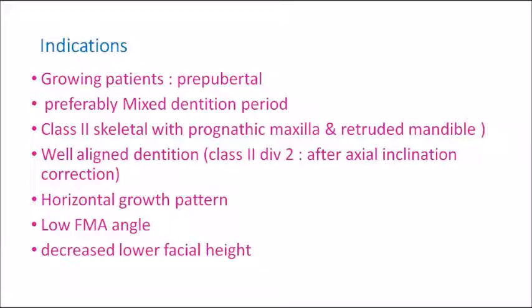So prepubertal people, especially during the mixed dentition period, with class 2 malocclusion due to prognathic maxilla and retruded mandible, with horizontal growth pattern, low FMA angle and decreased lower facial height are ideal candidates for myofunctional therapy.